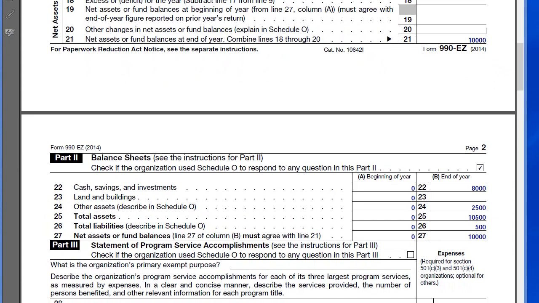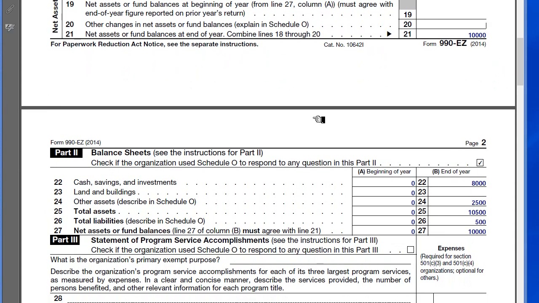So let's talk about the following year's return. Next year, what is the balance sheet going to look like? Well, the easy part is filling in the beginning of the year balance, because all you're going to do is transfer column B over to column A. So you're going to have $8,000 here. Your $2,500 goes here.